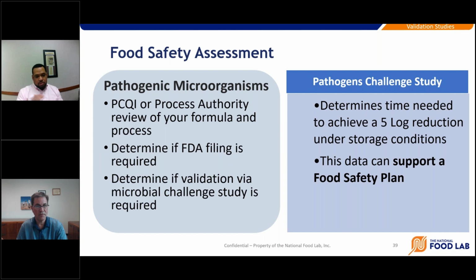And also the process authority will be able to determine whether you need to file your process with the FDA, and whether you need a processing authority letter or a scheduled process, basically. And determine also if you need a microbial challenge study to validate and provide sufficient data to the FDA to demonstrate that your product is safe by achieving enough lethality.